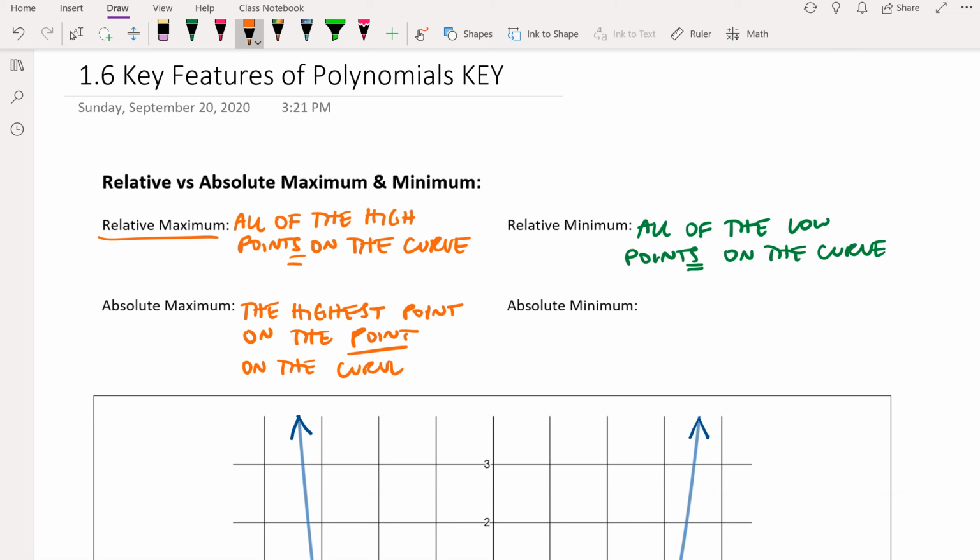And then the absolute minimum is similar to absolute max, the lowest point on the curve. And there's only one. Again, for absolute, there's only one. And then for relative, there's multiple, as many as you can find.